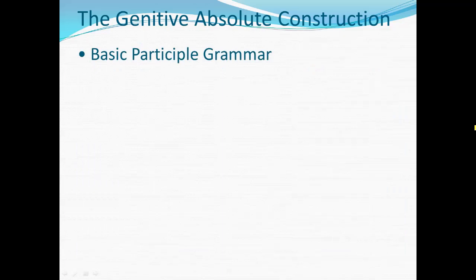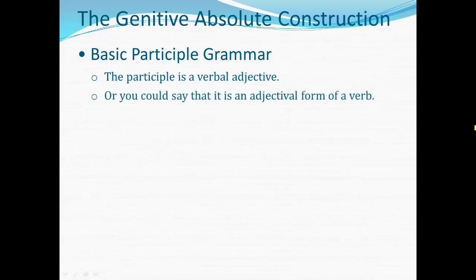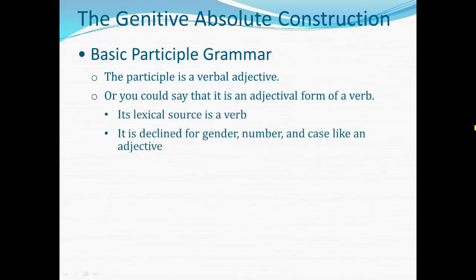Not genitive absolute grammar, not adverbial participle grammar, but very basic participle grammar that applies to all uses of the participle. The participle is a verbal adjective by definition, or you could say that it's an adjectival form of a verb. Its lexical source is a verb, but it's declined for gender, number, and case like an adjective.